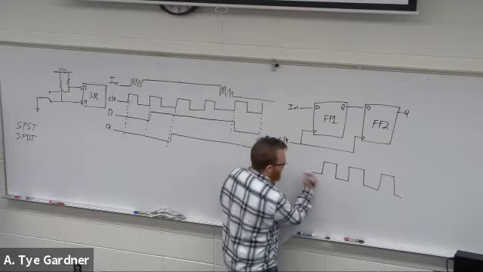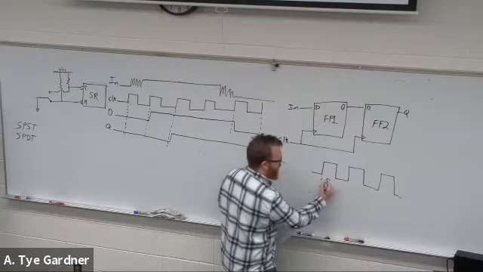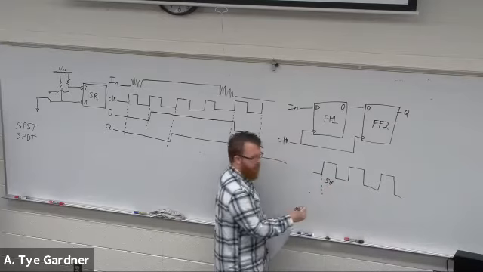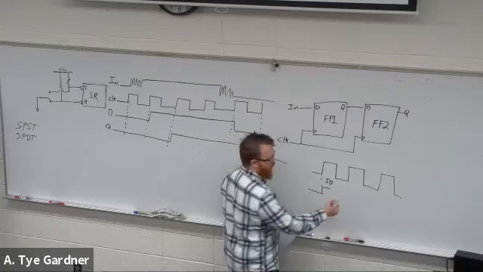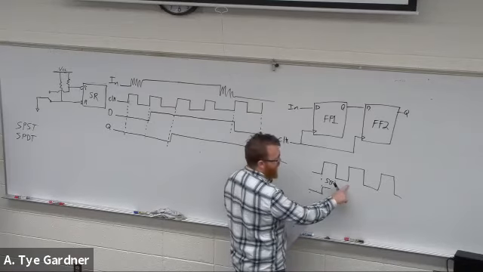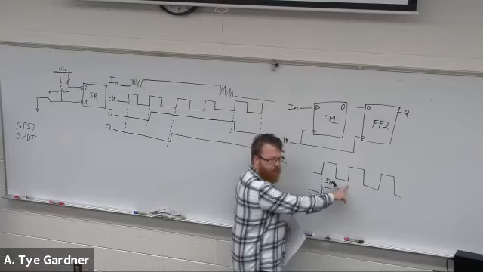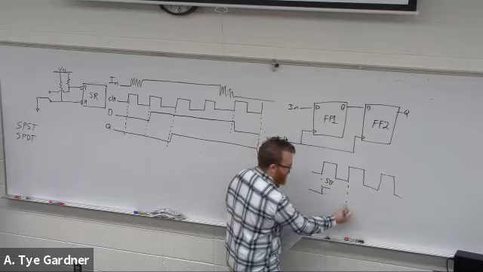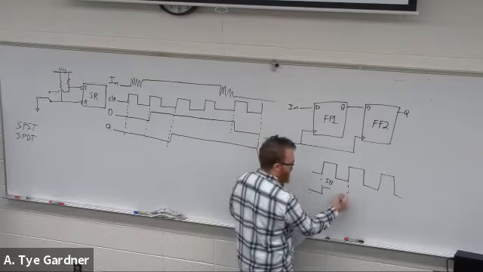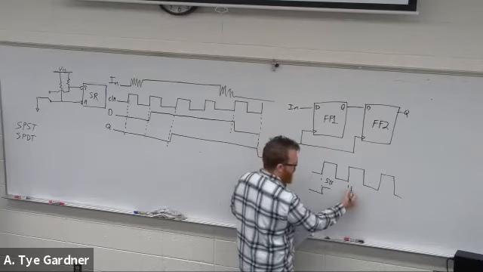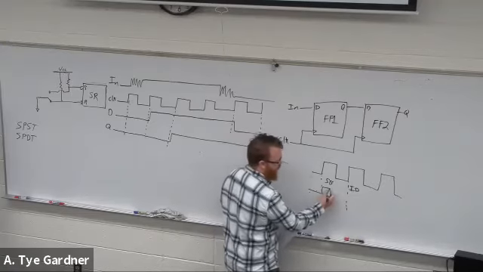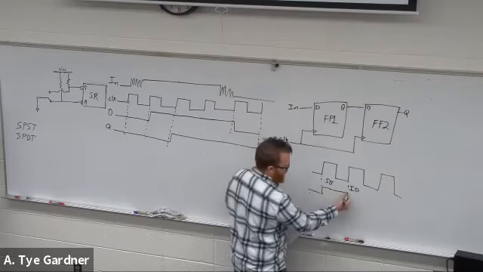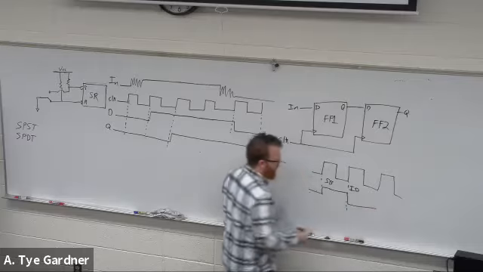Actually, let's say this is the data bit state, and so this rising edge is where I enter stop bit. That's going to assert ready. This rising edge is where I'm going to enter idle. Idle sets it back to 0.